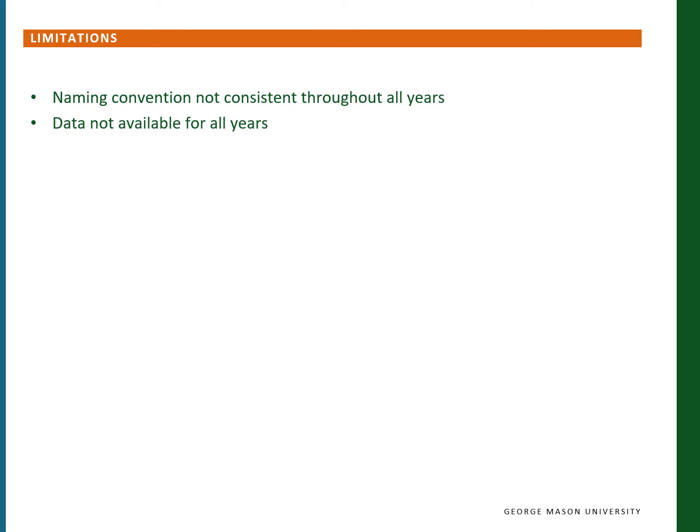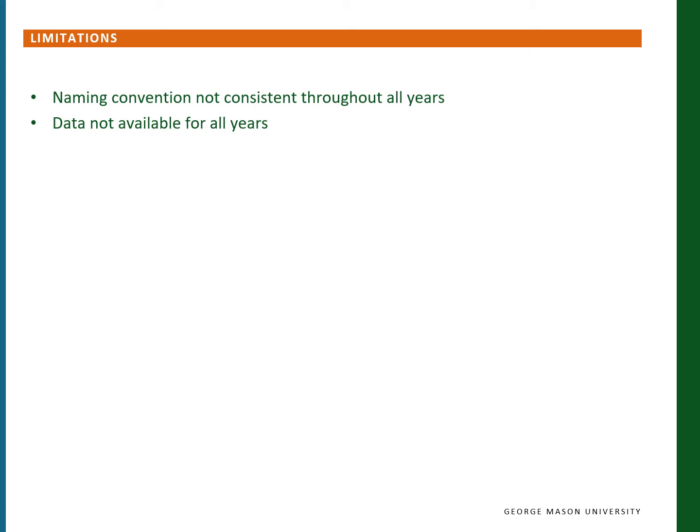So some of the limitations I confronted when putting together the control charts was the initial phase of collecting the data. Naming conventions weren't consistent when looking at the zip files, which created a bit of a problem.